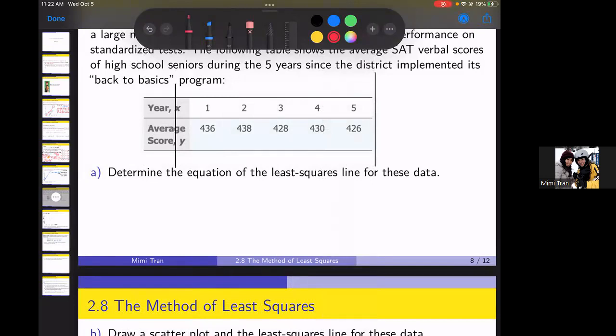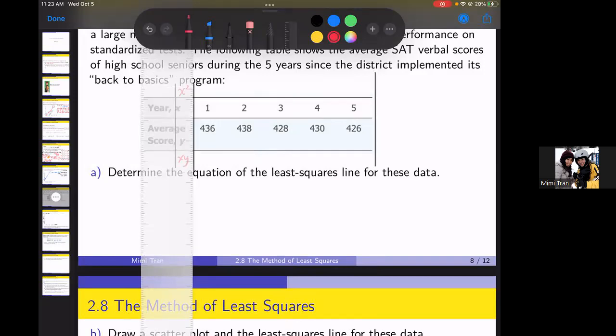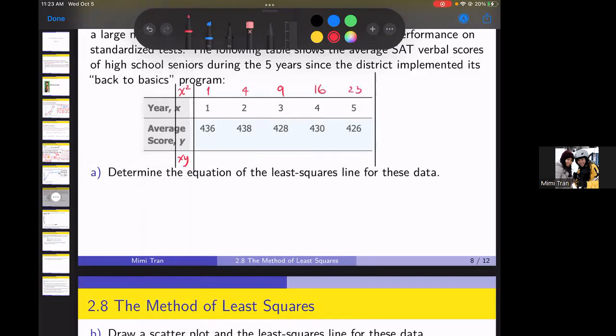Here I want x squared, and here is x times y. x squared: 1 squared is 1, 2 squared is 4, 3 squared is 9, 4 squared is 16, 5 squared is 25. And then xy, so 1 times 436 is 436.